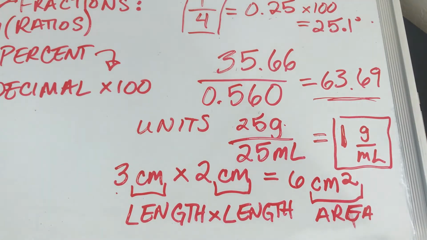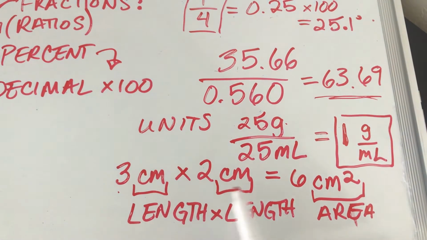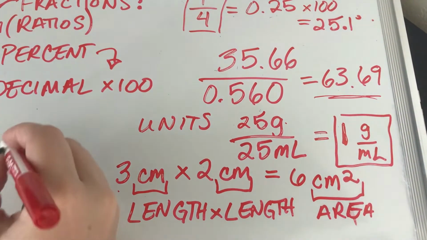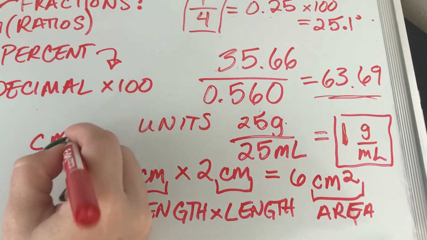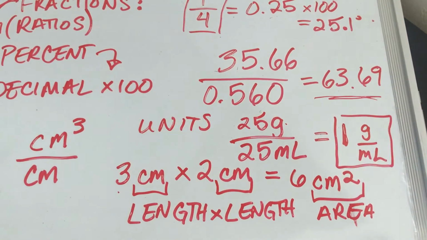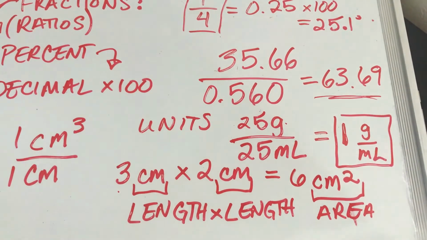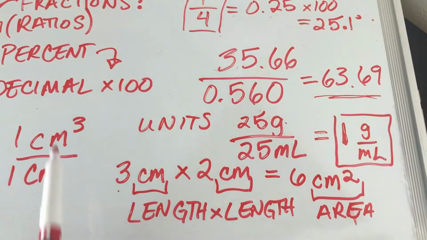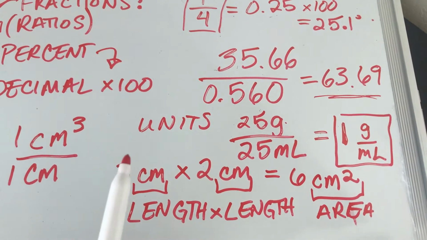Cool. By the same token that we can multiply these units together, we can also divide and cancel units if they're the same. So let's say I have centimeters cubed divided by centimeters. You could put a 1 out front if it makes you happier. So this is a unit of length, but what is this a unit of? Volume, exactly, William.